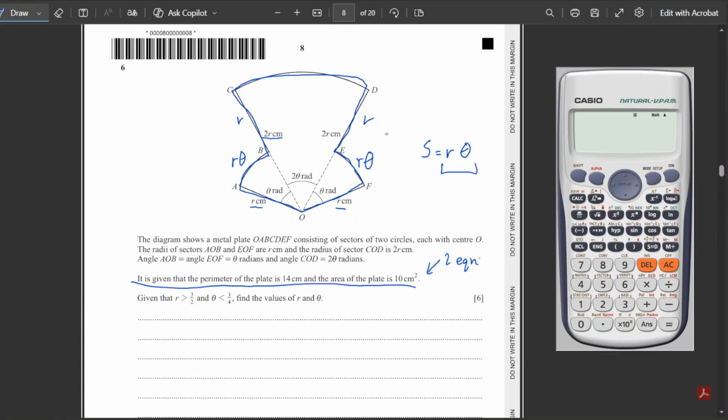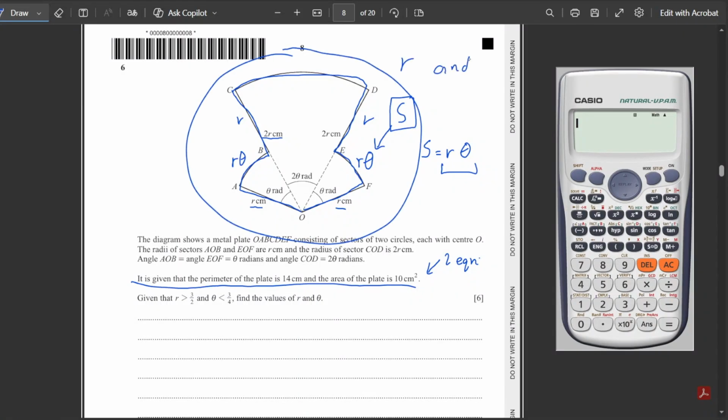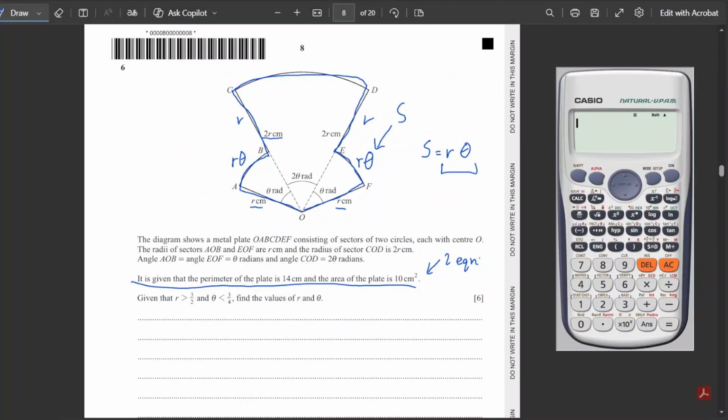Now, some of you may ask, why not just write s over here? If s is the variable for arc length, why not just write s over here? Why write r theta? My answer to that is because everything in this diagram is labeled as r and theta. So if I can, why should I introduce a third variable s over here when I can express s in terms of r and theta?